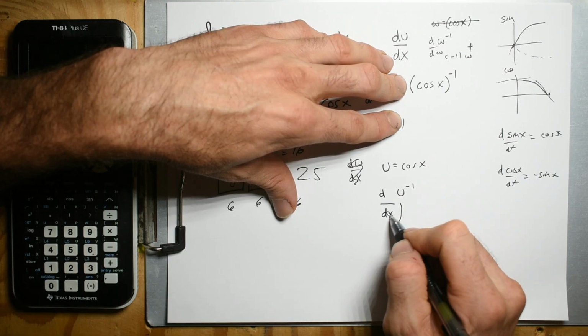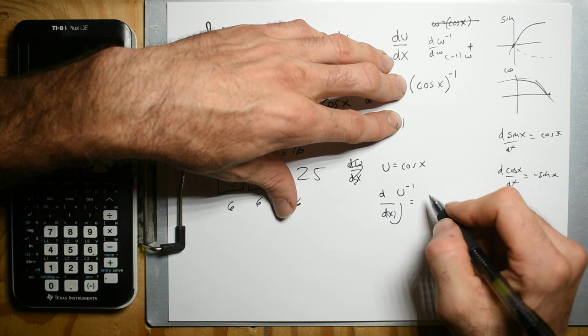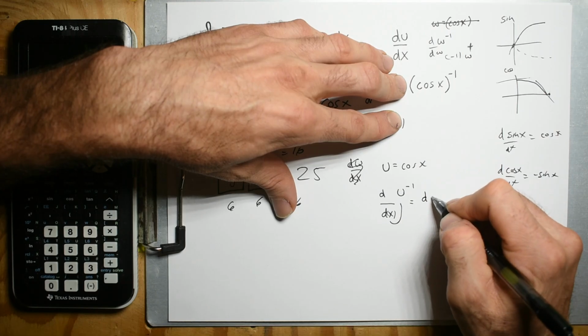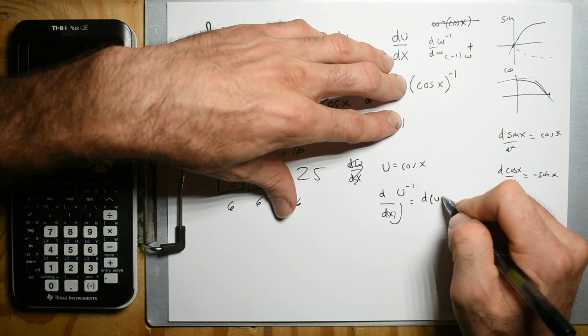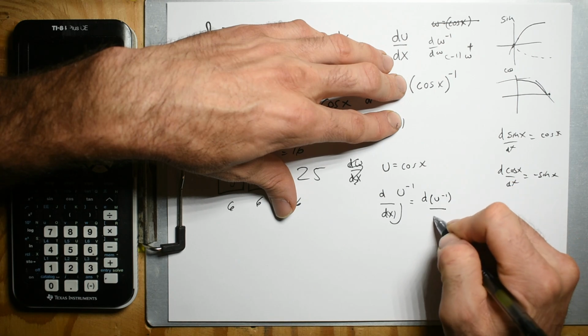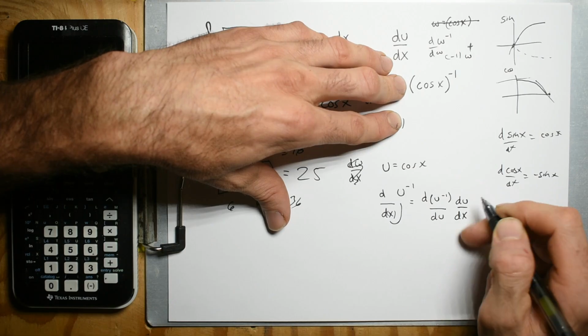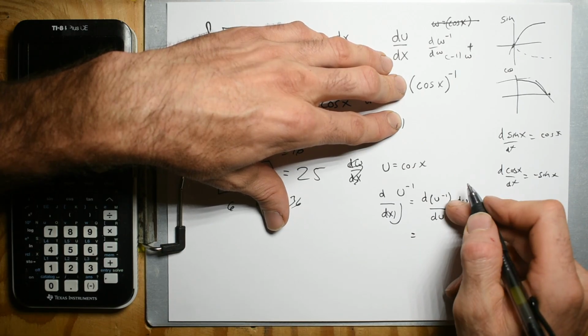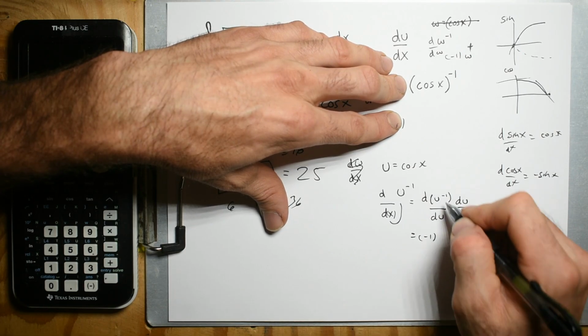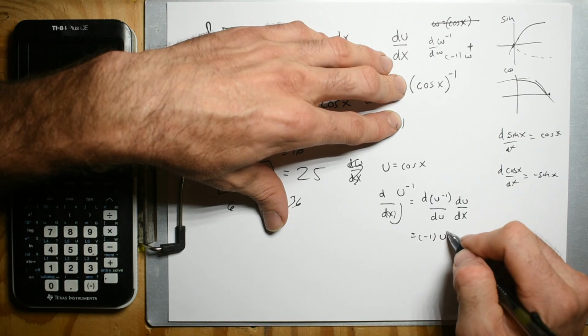Hey, this value and that aren't the same, so I'm going to use chain rule. I'm going to say it's the derivative of u to the -1 with respect to u, and then du dx, which I can do. So this is the power rule: bring down the -1, drop the power by 1, so that's there.